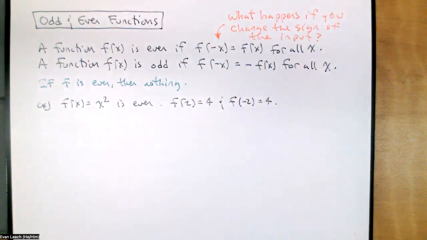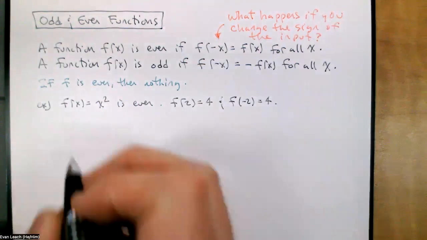We change the sign of the input, nothing happened. Got the same output. So that's what we call an even function.